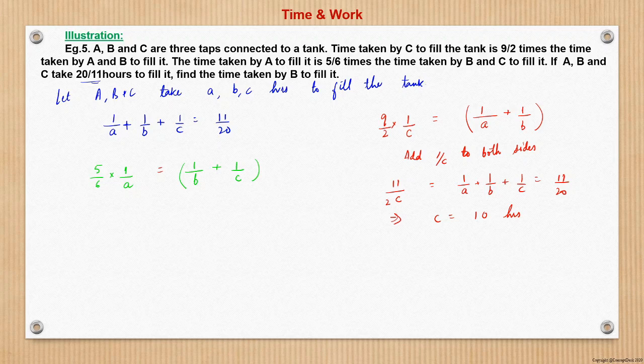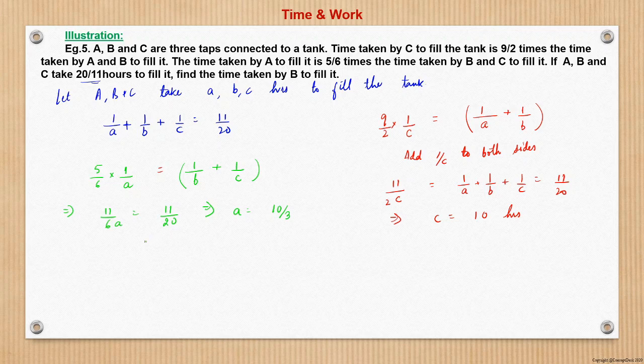Means A is working faster than B and C combined. So here again we will add 1 by A to both sides. So it becomes 11 by 6A is equal to nothing but 11 by 20. So from here we can say A is equal to 20 by 6, which is 10 by 3.